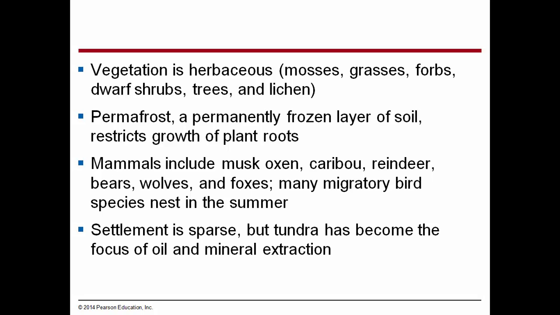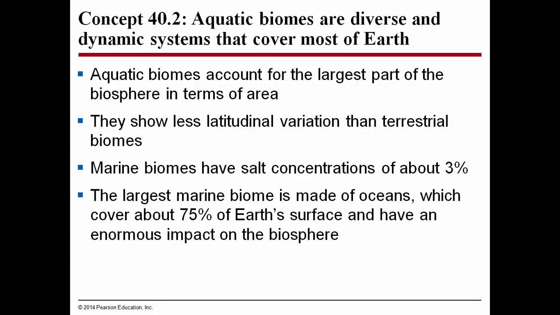Migratory birds love to go up and hatch their eggs in the tundra. The settlement is sparse, but tundra has become the focus of oil and mineral extraction. There are a lot of mineral resources that underlie these areas, and they can be considered fragile areas, so they need to be protected. People need to be careful about how they drill in these areas.